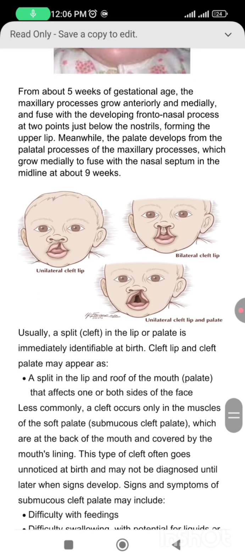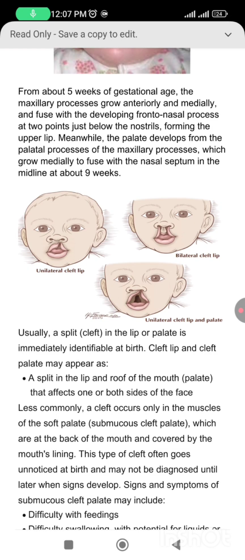Usually, a split or cleft in the lip or palate is immediately identifiable at birth. Cleft lip and cleft palate may appear as a split in the lip and roof of the mouth that affects one or both sides of the face.